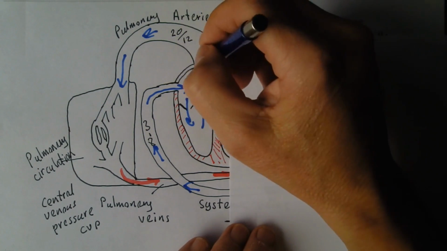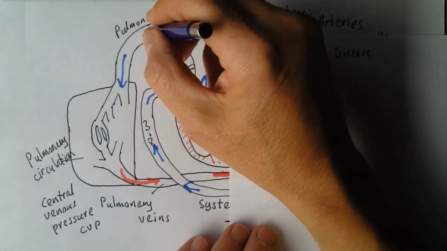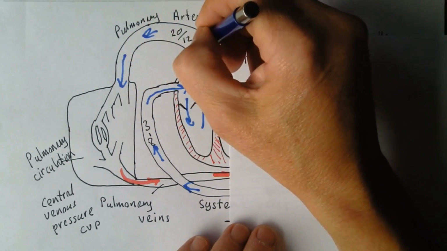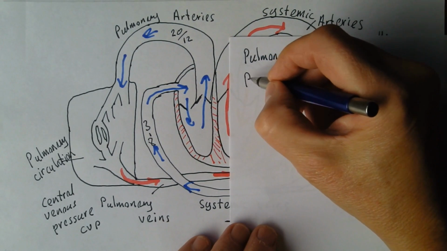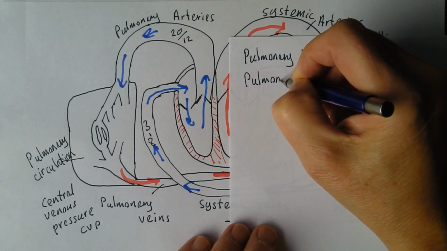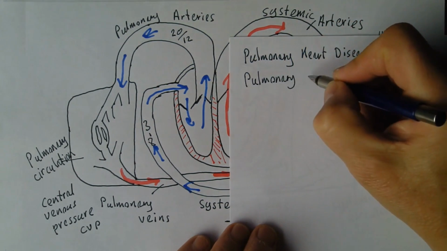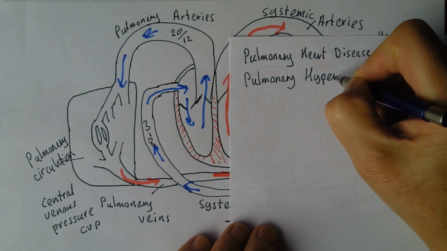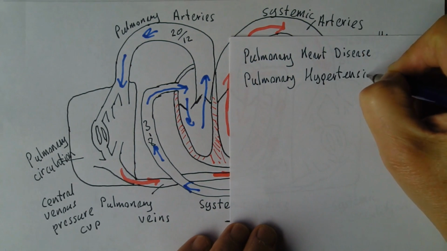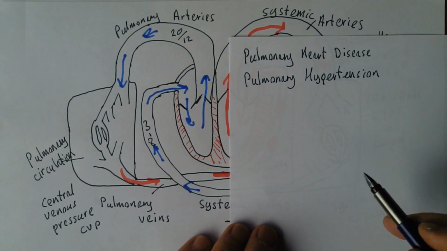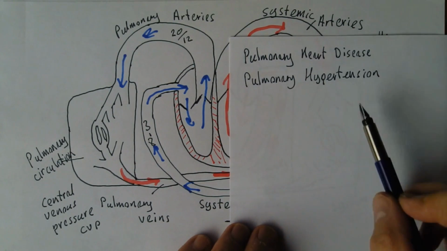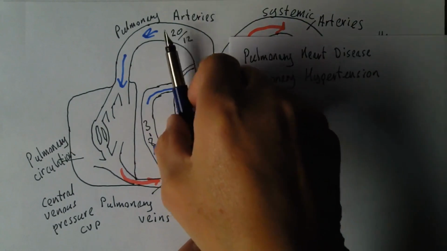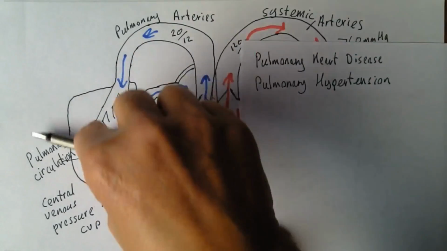But in both of them, the pressure in the pulmonary arteries is going to increase. So in pulmonary heart disease, there's going to be pulmonary hypertension. There's going to be an increase in the pressure in the pulmonary arteries. And what pulmonary heart disease is, it's actually heart disease caused by a problem in the lungs.